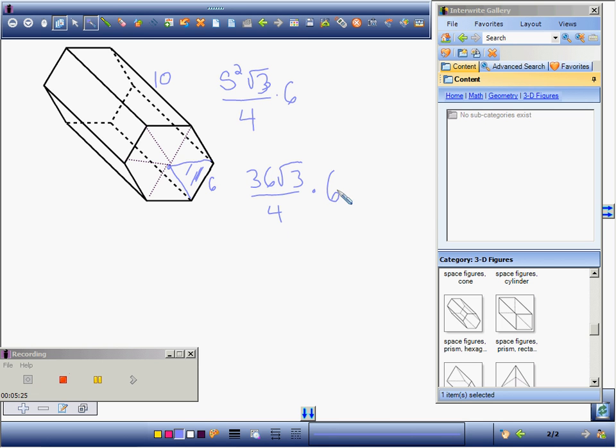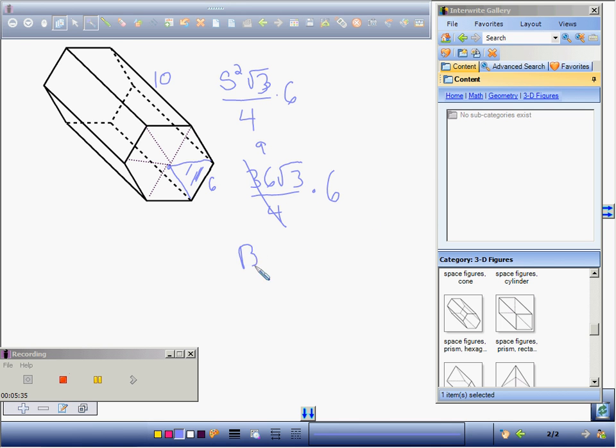And then I can cancel out a 4 into 36 9 times. So you get 9 times 6 on the square root of 3. So the area of the base is going to be 9 times 6, this goes away with the 4, right? 9 times 6, which is 54 square root of 3. That's the area of the base.